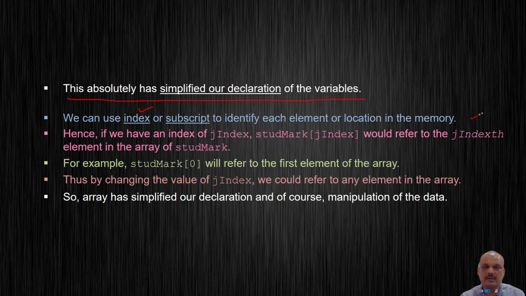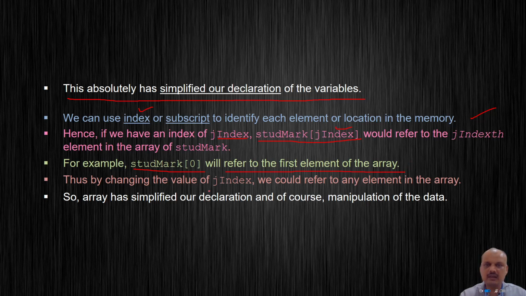Please remember this. Okay, so if you want to know the mark of the jth student, we just have to give that as the index of this array, and out comes the mark, or we can refer to this mark of the student. Say for example, student mark 0 refers to the mark of the first element of the array or the first student.